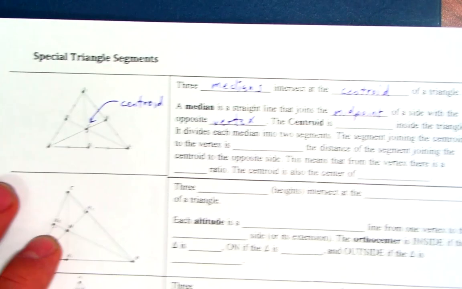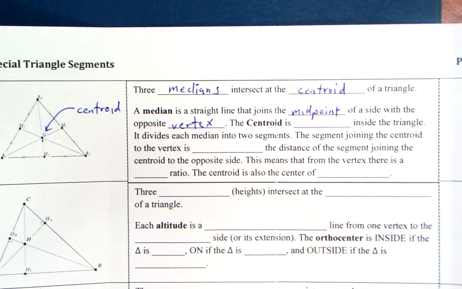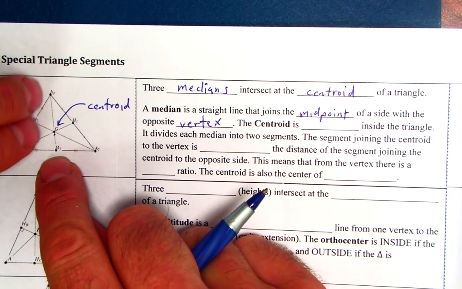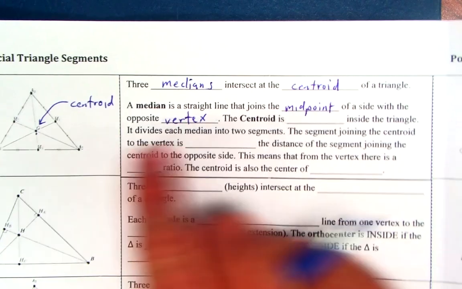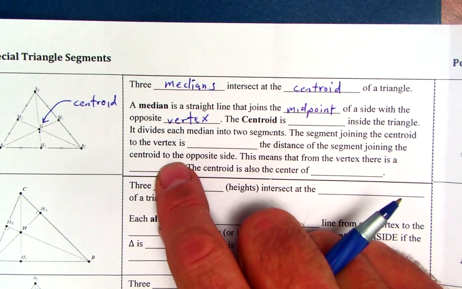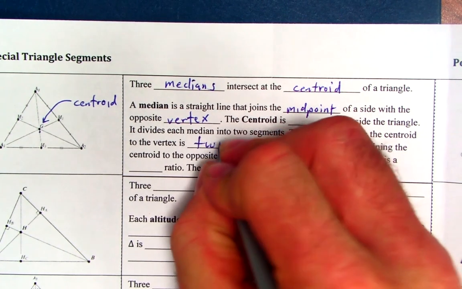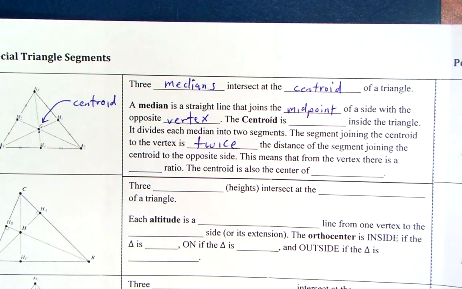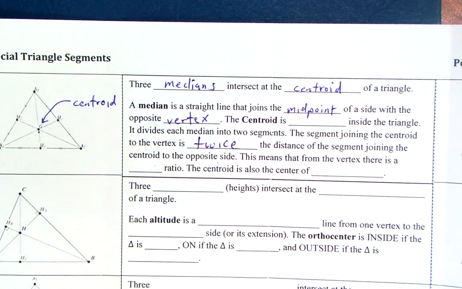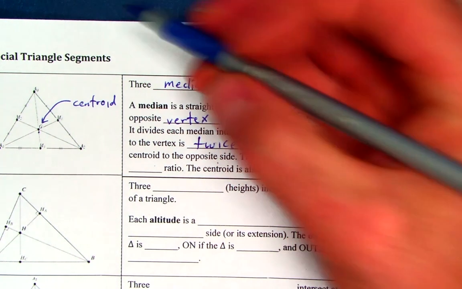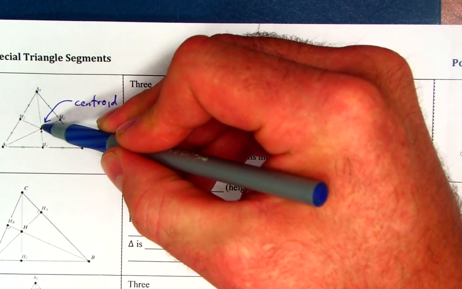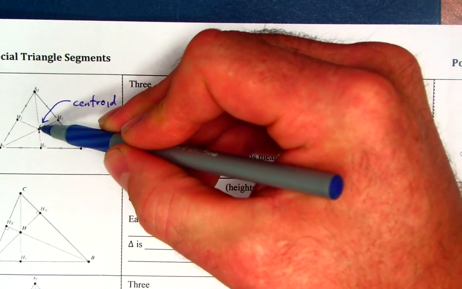Now the centroid has a specific property in relationship to the segments of the median, and it divides each median into 2 segments, and the segment joining the centroid to the vertex is twice the distance of the segment joining the centroid to the opposite side. You might be wondering, what did he just say? What I said is, the segment going from vertex to centroid is twice the length of the segment going from centroid to side.